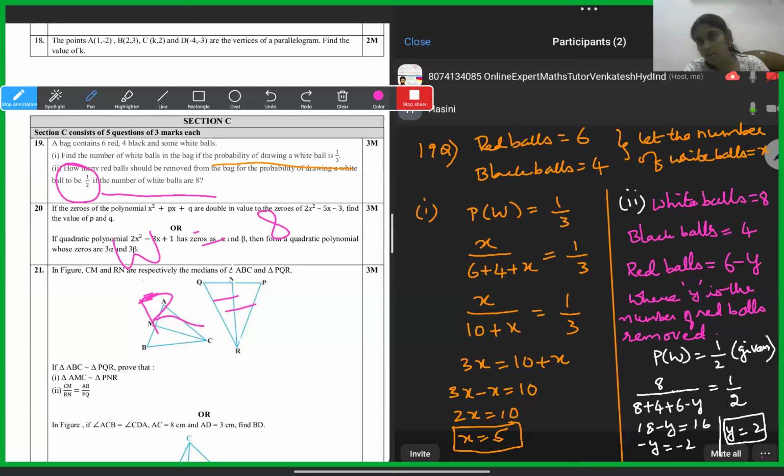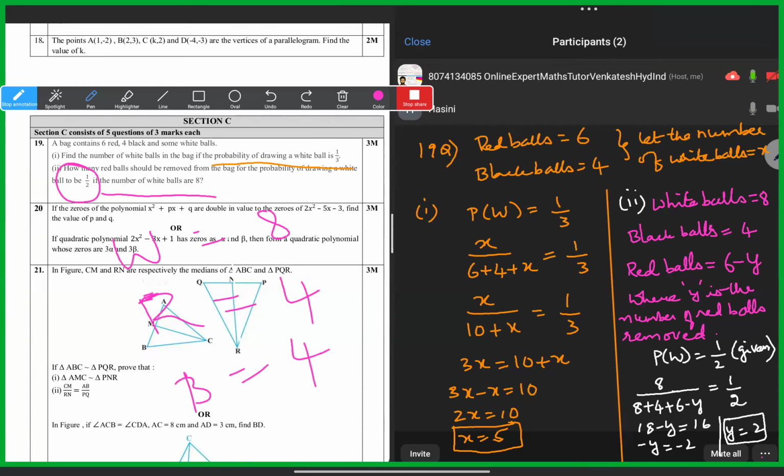Sir, it's 4. Black balls, they didn't do anything, so 4 only. Now we can check, Hasni. In this situation, the probability of white balls they said is half, no? Yes, sir. So let's do it. Probability of white balls is the number of white balls, that is 8, by total balls, 8 plus 4 plus 4.